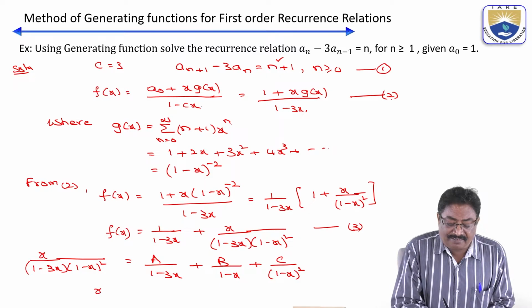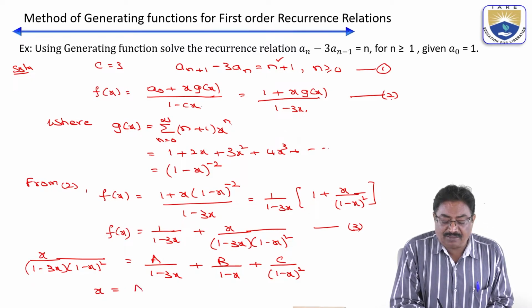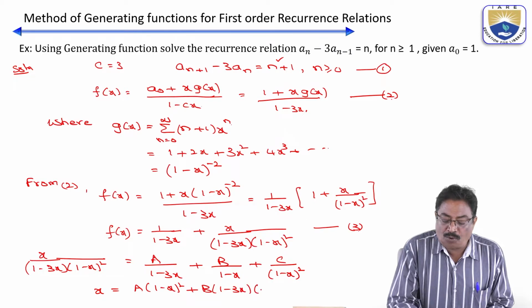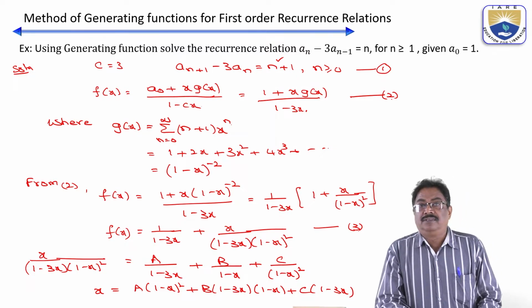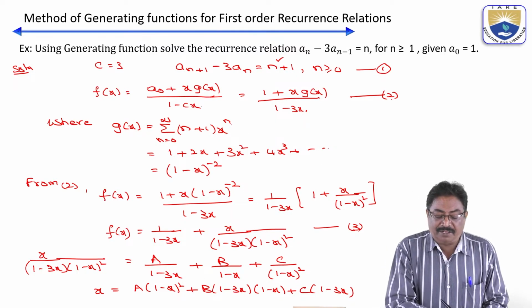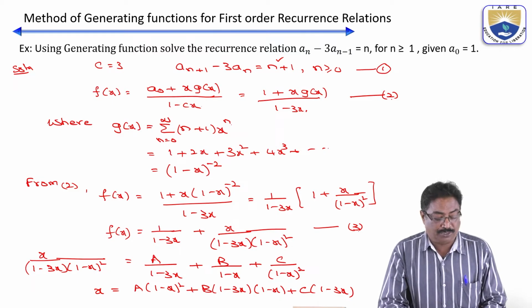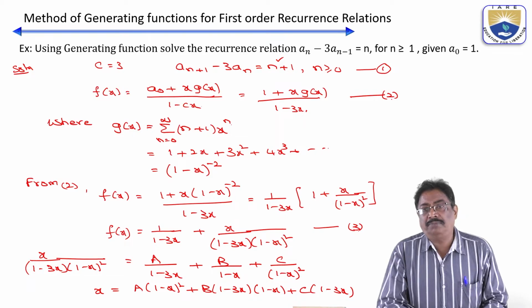Then I am taking x equal to a into 1 minus x whole square plus b into 1 minus 3x into 1 minus x and c into 1 minus 3x. So I am going to take LCM and the denominators cancel each other. So x is equal to this. Now I am going to substitute.